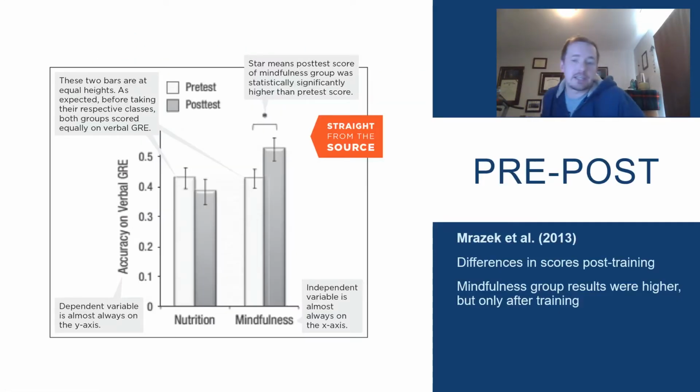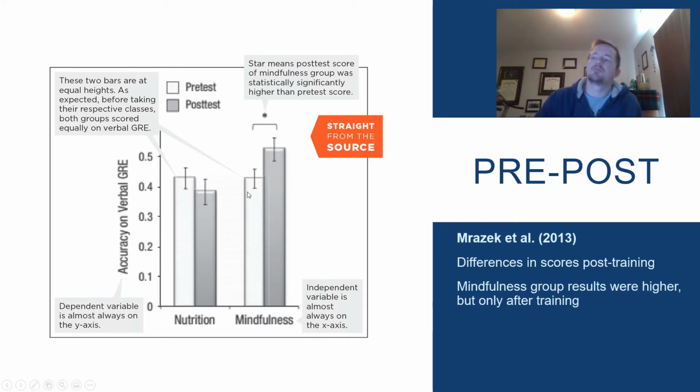And in this particular article, what they find is that, yeah, it seems like it does have an effect. And the nice thing about the pre-test, post-test design here is that you can see that for the pre-test, the nutrition group and the mindfulness group had identical scores, right? Which makes sense. We're giving them the pre-test, we haven't even done anything yet, and they're showing the same between groups.